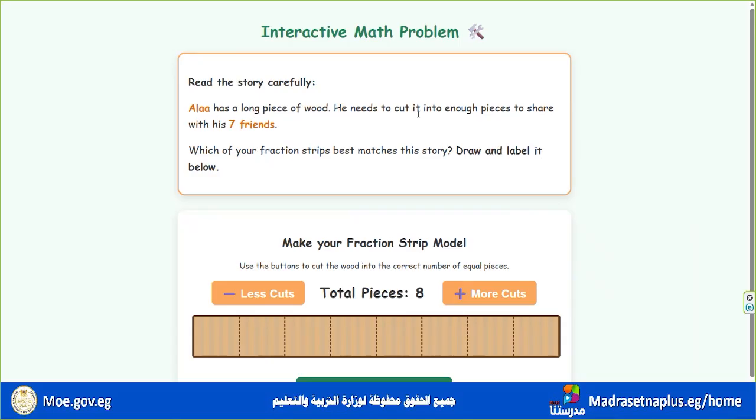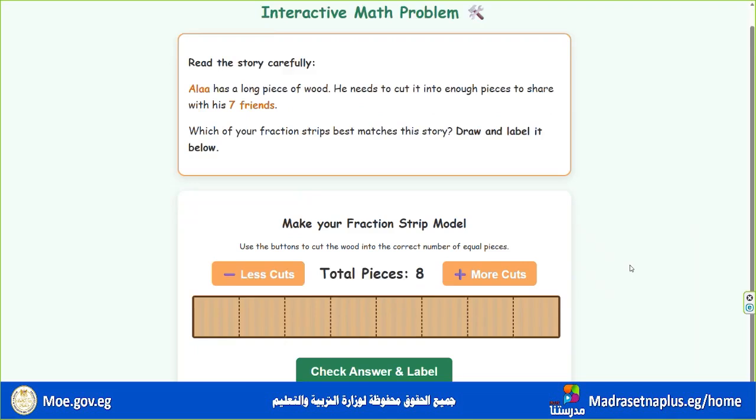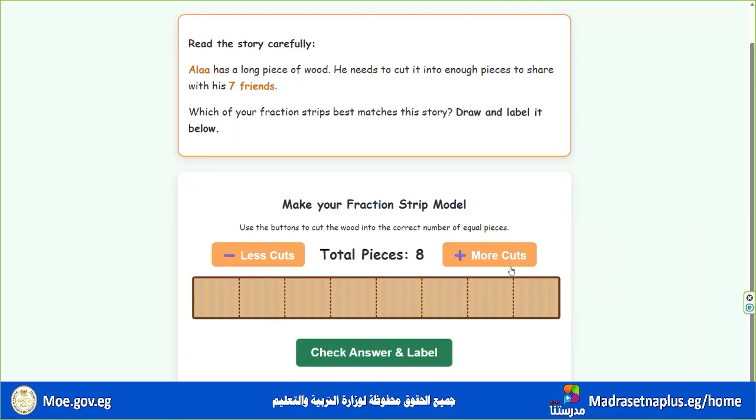Ala has a long piece of food. He needs to cut it into enough pieces to share with 7 friends. So we get 1/8, 1/8, and so on. Each friend will get 1/8.